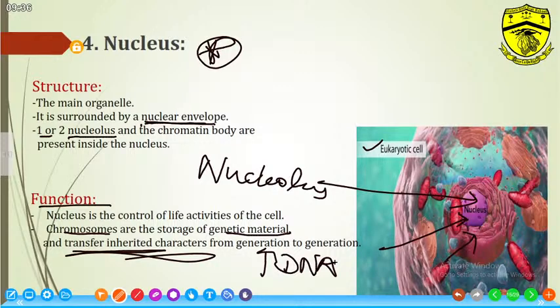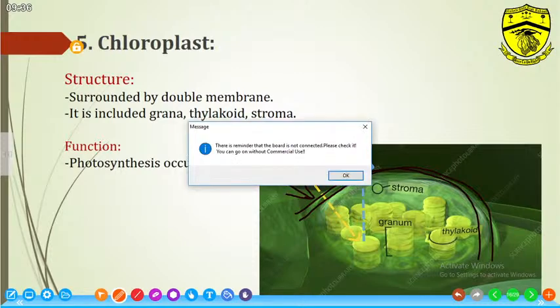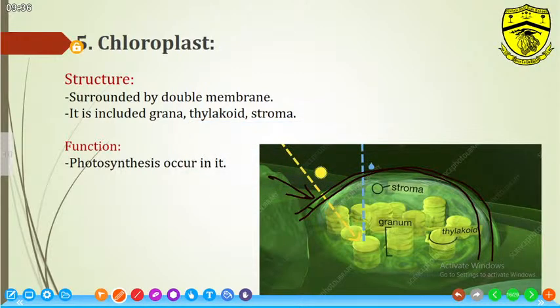Next, this is the chloroplast. Two layers, two membranes, that is the outer membrane, and this one is the inner membrane.